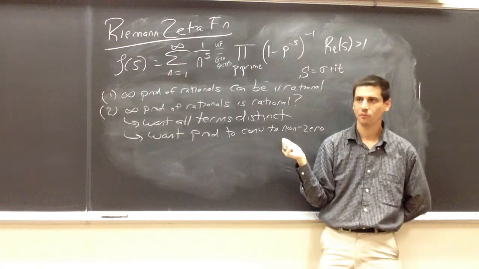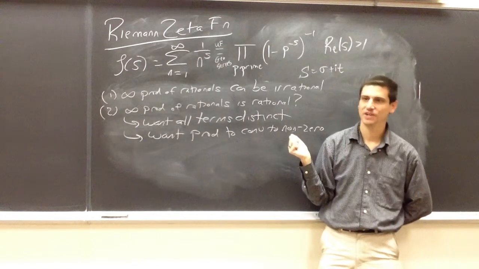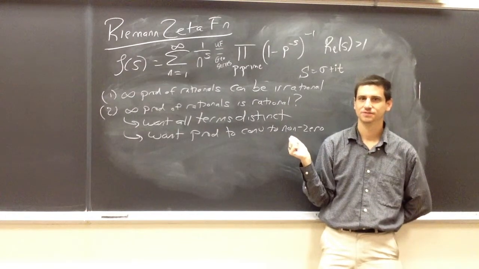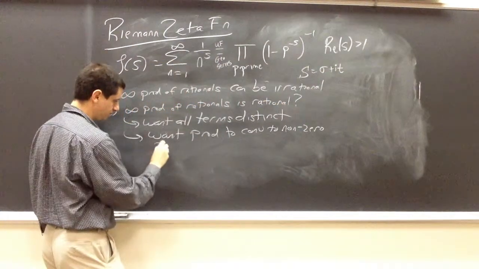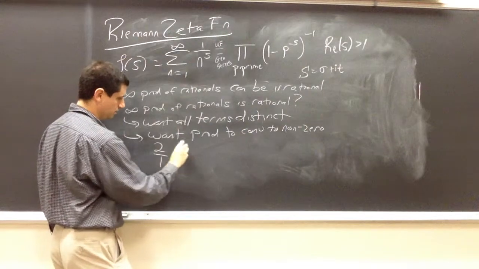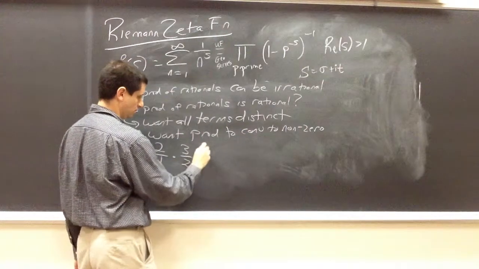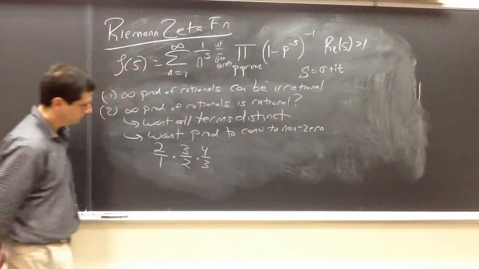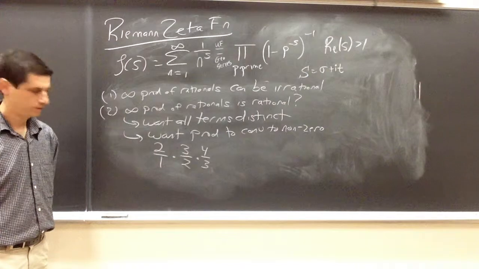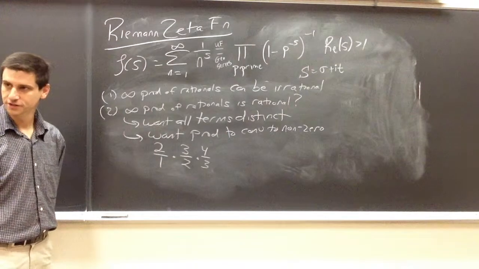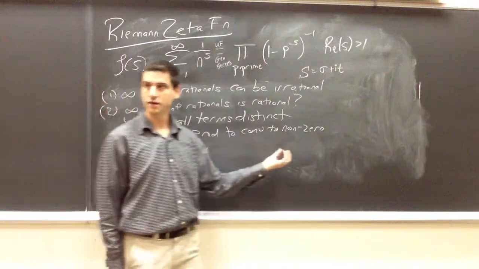What if I did this? That diverges. Now my numbers here are getting close to 1, but it's diverging.